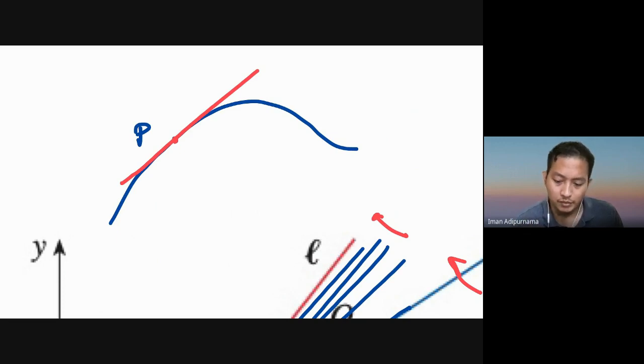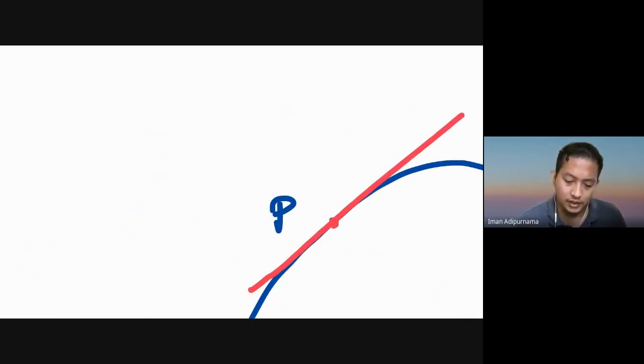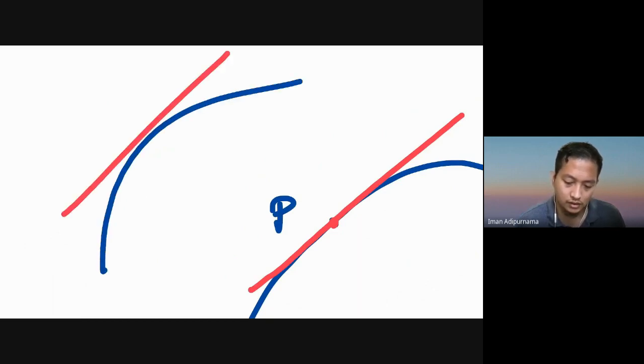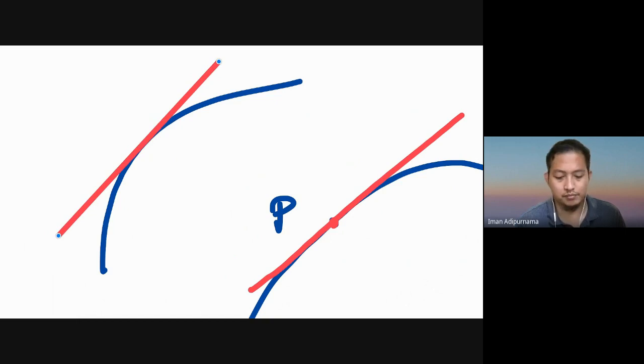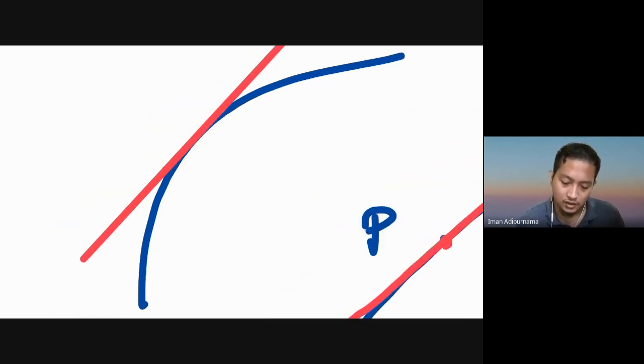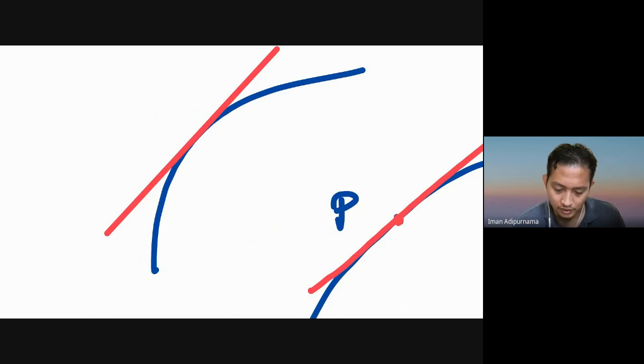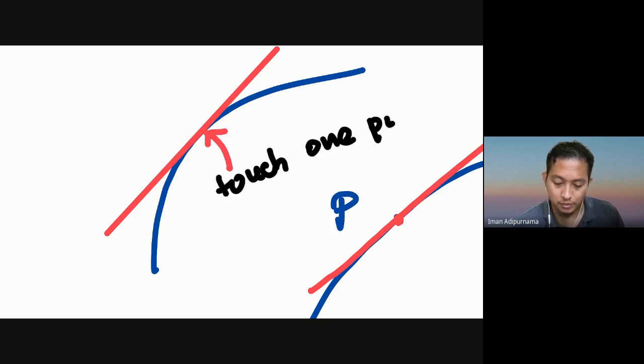Or maybe if I draw more clearly, it's not really clear here, but what you need to point out is it touches one point, precisely one point. That's what tangent means.